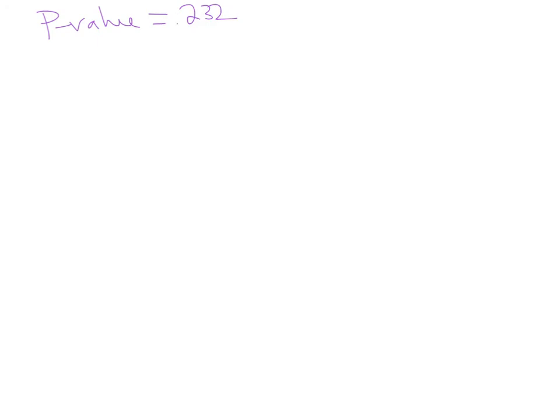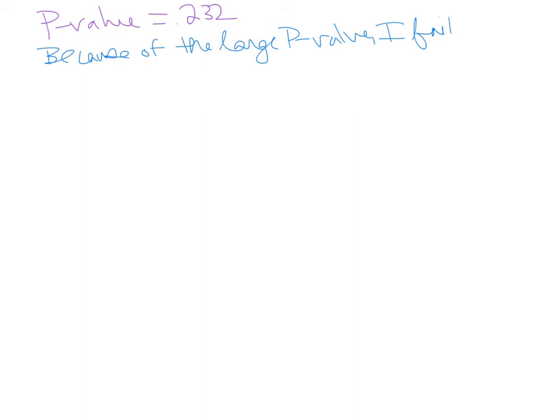So here I got a very high p-value, and so there's really no way I can reject the null hypothesis. So I'm going to say, because of the large p-value, I fail to reject my null hypothesis.